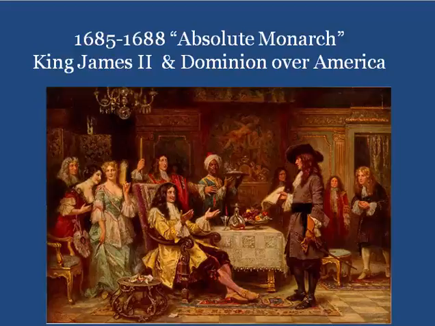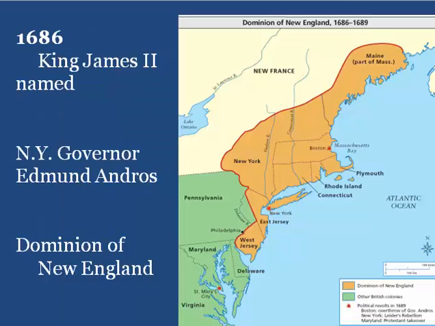He's trying to, and succeeding in, ruling as monarchs had done for a long time in European history, to be the absolute monarch, in which they are in charge of everything. Subjects are an extension of him. If you go against the king, you're committing treason. So in other words, King James II felt that he was the state and he ruled like the state. This is going to really upset people in colonial America.